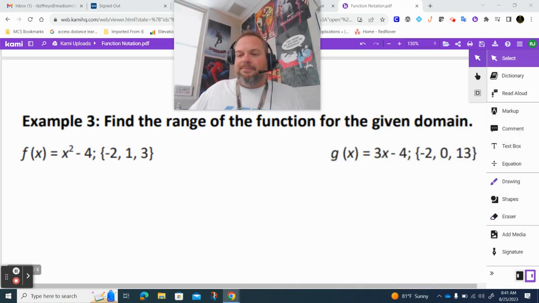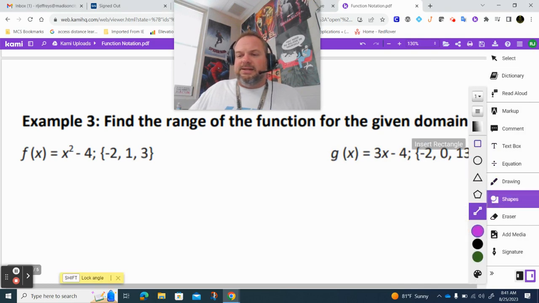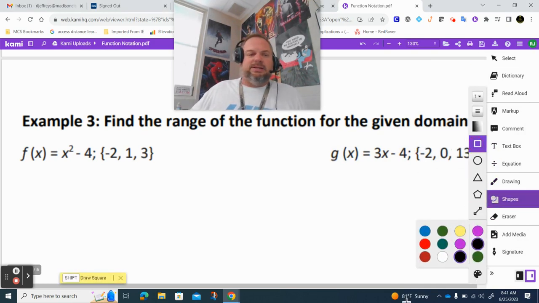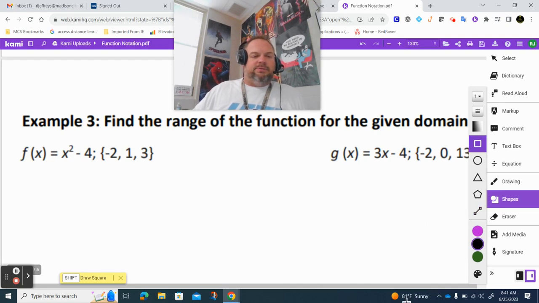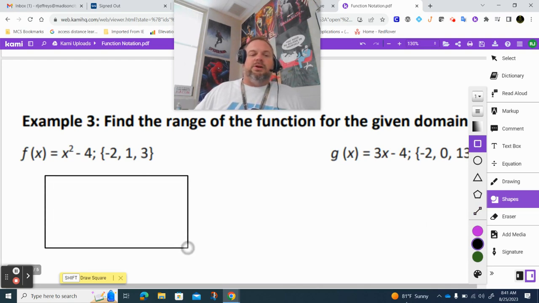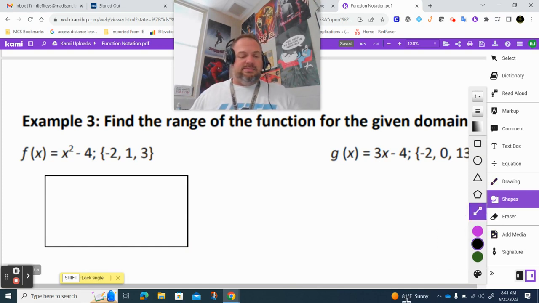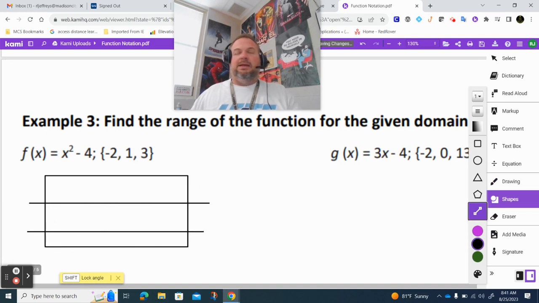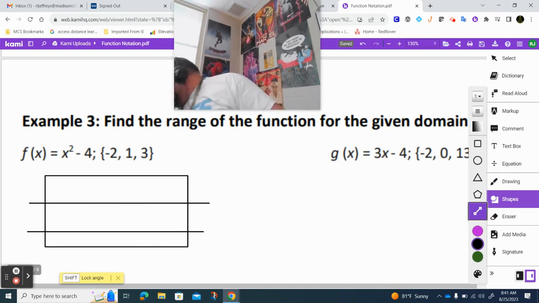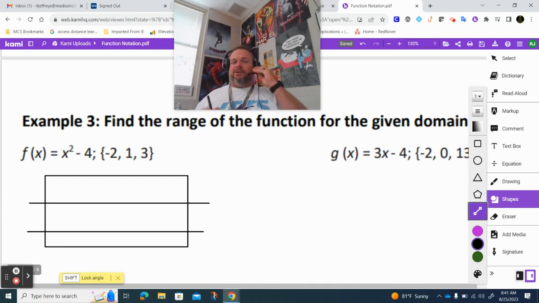So now, I'm going to do something a little unique right here. You don't have to do this. I am because I need it for my sanity. Oh, sorry, Dad sneeze.